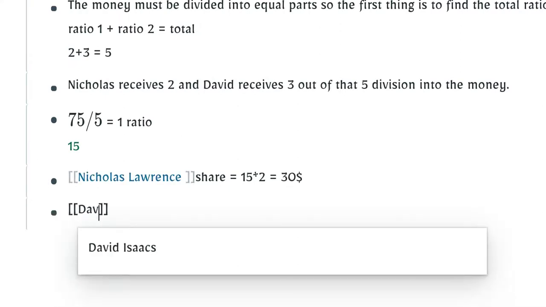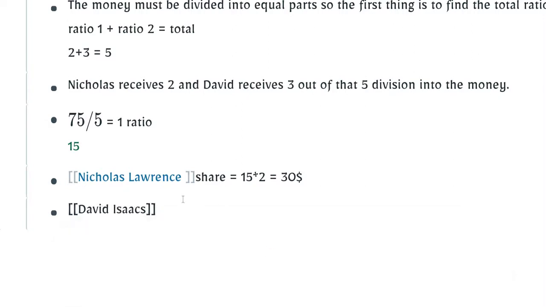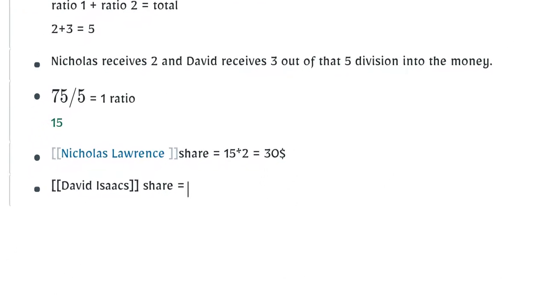Let's go to David now. David's share would equal to 45. Take me through the steps. You say David got a share of 3 times 15. So 15 times 3. That would give us 45. Good.